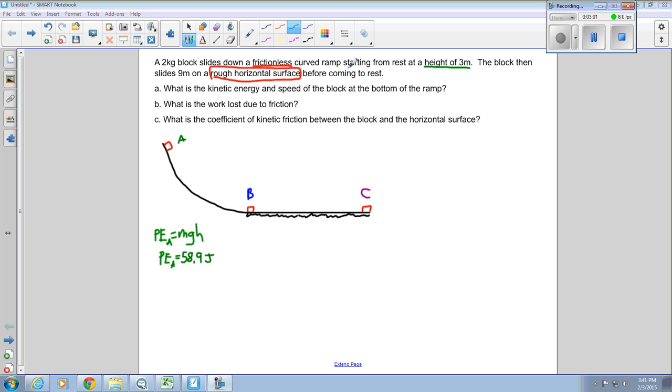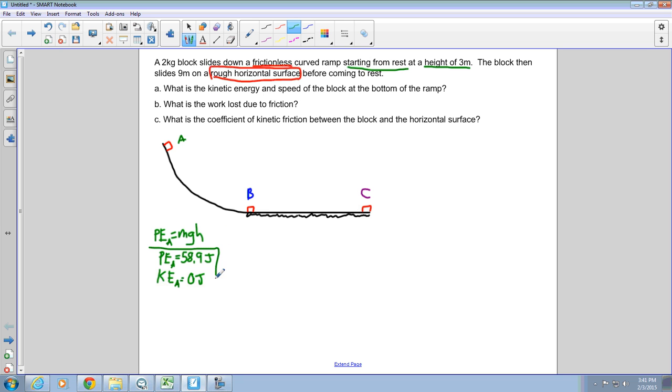And we know we're starting from rest, so we know the kinetic energy at A is equal to 0 joules. Why? Because the velocity is 0. If there's no velocity, there is no kinetic energy. Okay, so those are our two energies at A.